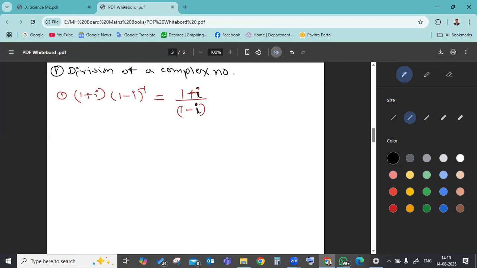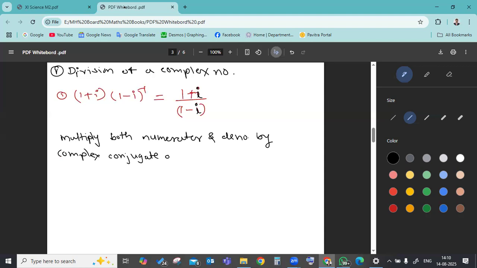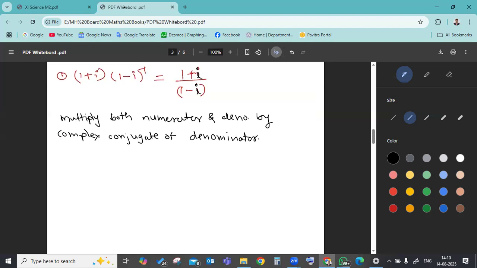Yes. Okay. Now see, we multiply both numerator and denominator by the complex conjugate of the denominator.